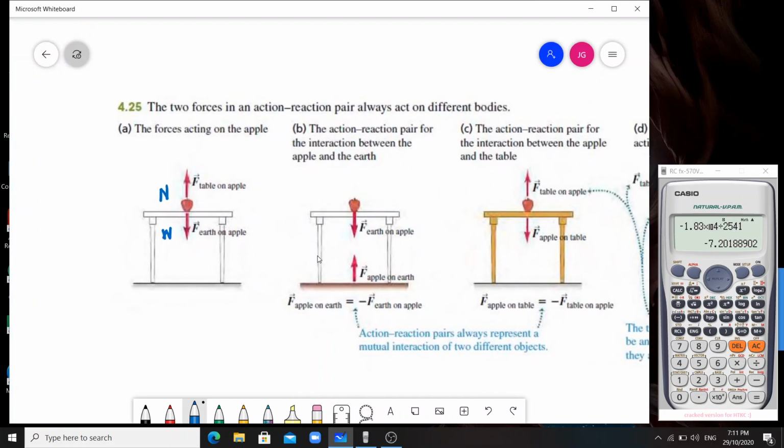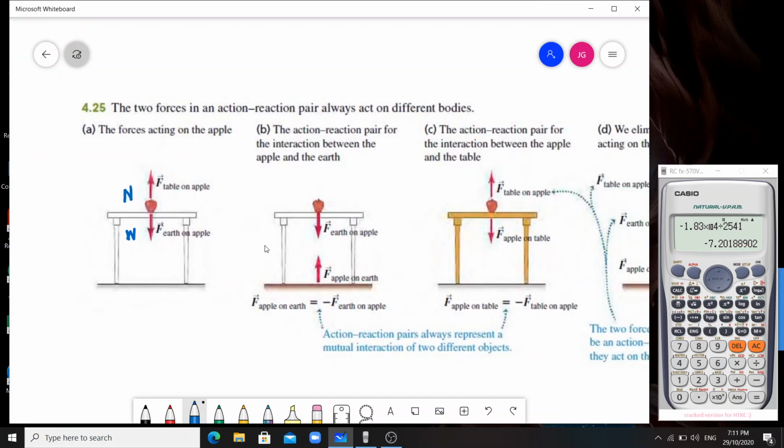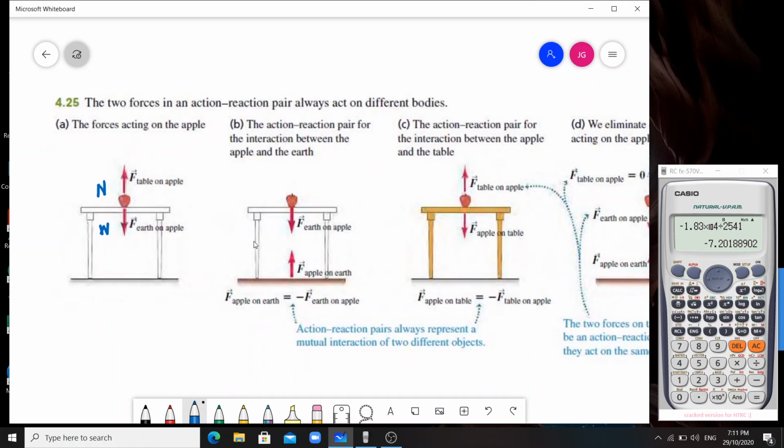So, kung magko-concentrate muna tayo dun sa weight, ayan, merong force na weight or the force of the earth on the apple, pero meron din palang ine-exert na opposite force si apple on earth. Okay? So, may opposite force pero same magnitude. Okay?